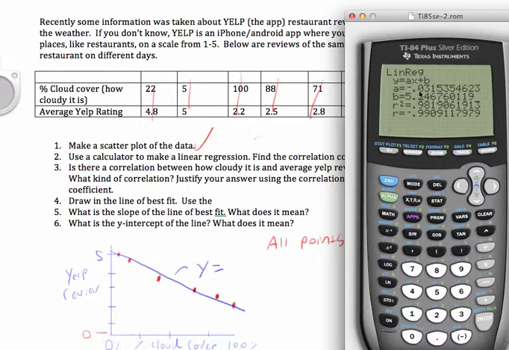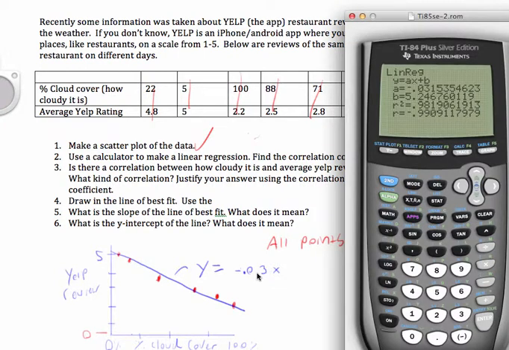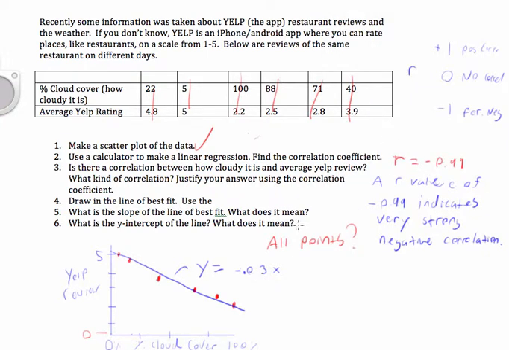So a is negative 0.03. You only have to use the first two digits. Negative 0.03x. Oops. And our b value is 5.2.